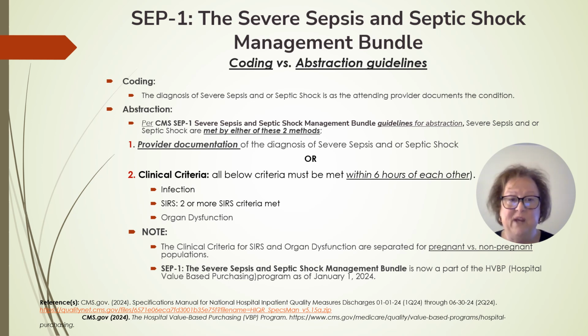So if the patient has an infection, SIRS, organ dysfunction, all those are met within 6 hours of each other, then that patient will fall into the bucket of patients that I look at to see if they've adhered to certain guidelines that the SEP1 measure has in terms of treatment and protocols.